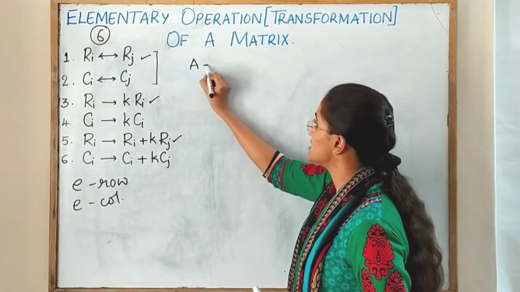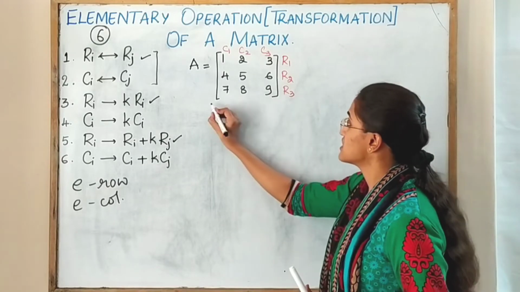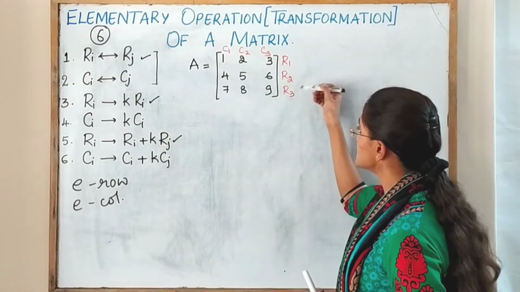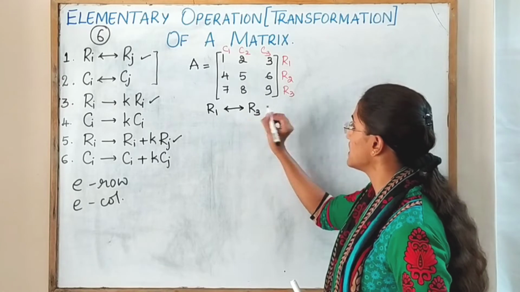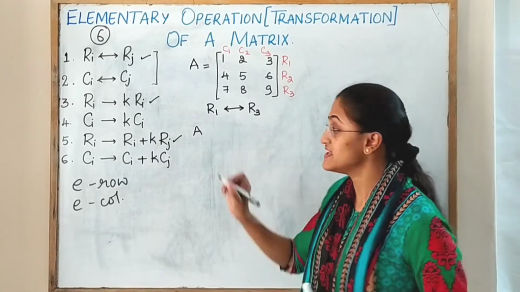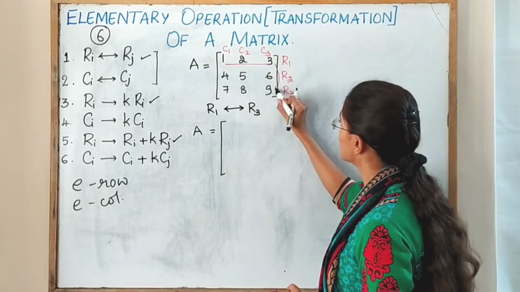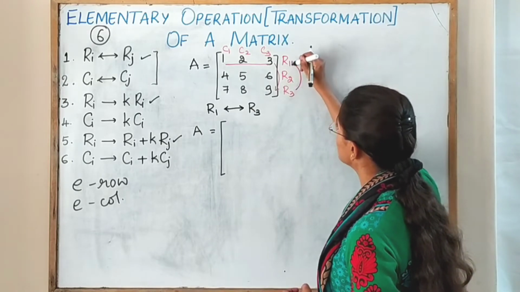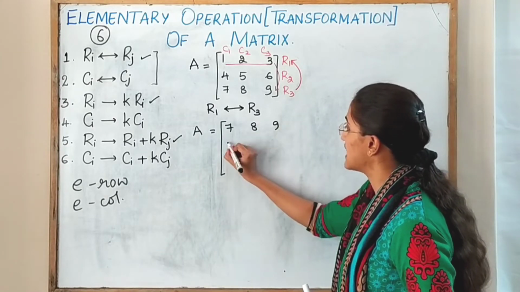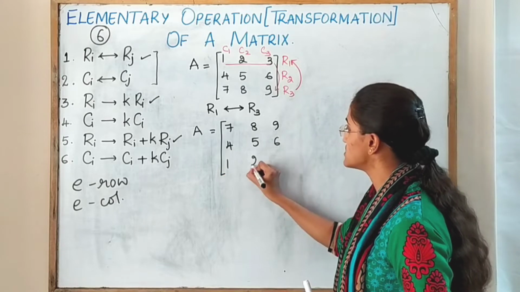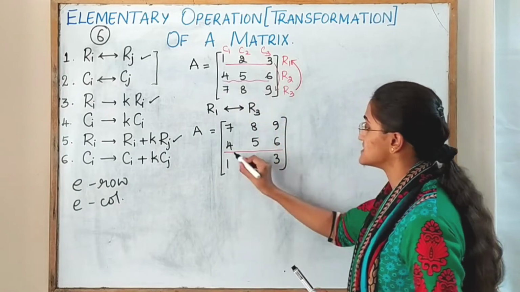If I'm taking some matrix A, for example, now if I prefer to change R1 and R3, if I'm interchanging row 1 and row 3, then we get a completely new matrix as the first row will be interchanged to the third row and the third row will be changed to the first row, and hence we get the new matrix as 7, 8, 9, 4, 5, 6, 1, 2, 3.